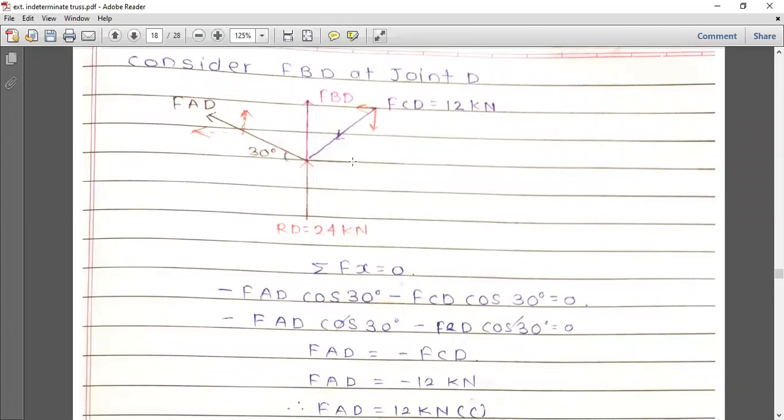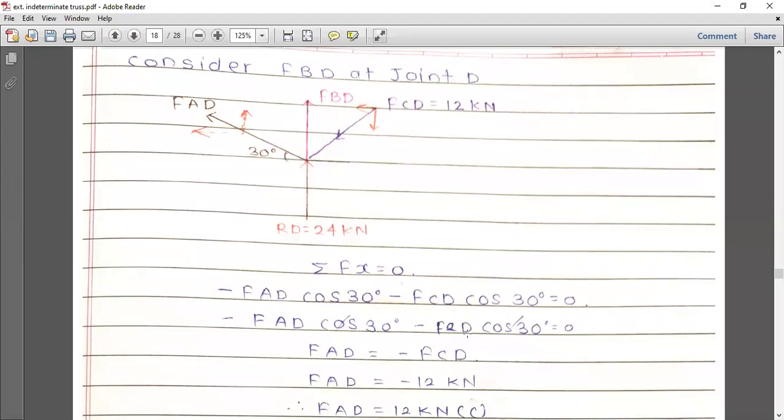So now apply to this diagram summation Fx equal to 0. So here this is minus FAD cos 30 minus FCD cos 30 equals 0. FCD is nothing but 12.